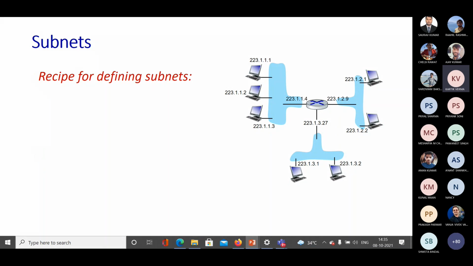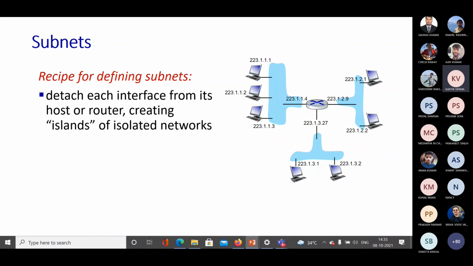Now how do I define a subnet? This is a very naive answer that has been given here. Just imagine that if you detach an interface from a router and create separate islands of hosts, those hosts will form a subnet.